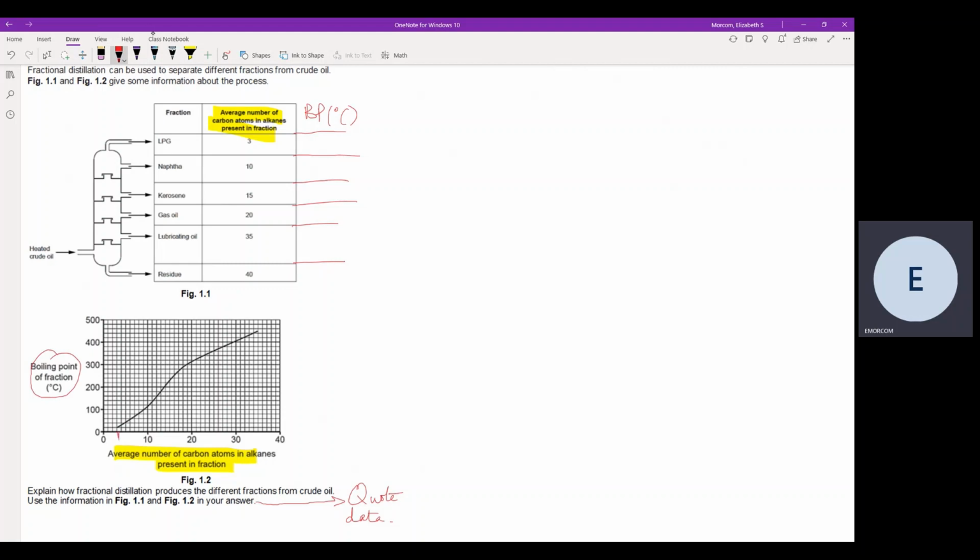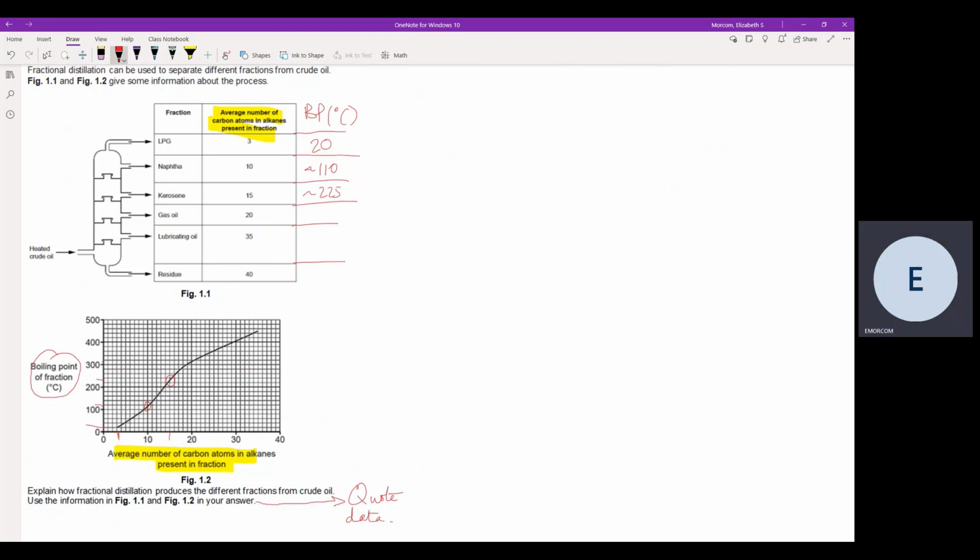So where we've got 3 here, that's about 20 degrees C, which I don't need to include the unit again because it's already in my table heading. For 10, we've got maybe 110 degrees C. For 15, which is 1, 2, 3, 4, 5, yep, there, that's about 225.